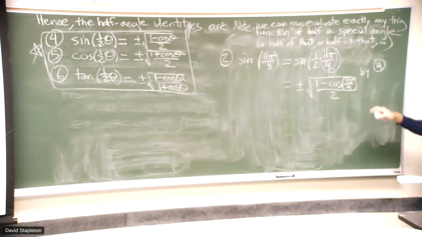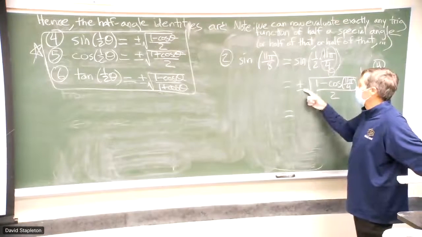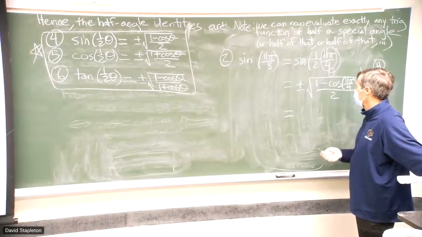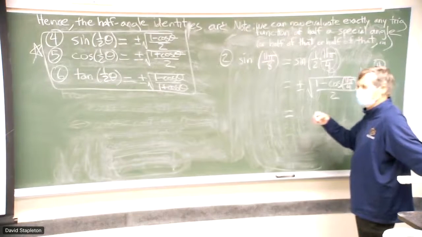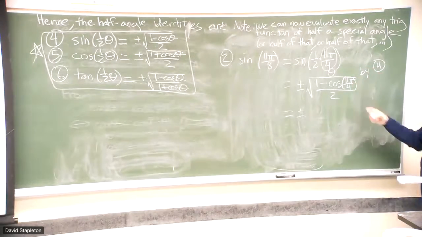So that's the idea. Anytime you have any trig function of half of a special angle, you can do it by a half angle identity. So I expect you to do this on the test. I'm going to give you a problem with a half of a special angle like this on the next test, a week from Thursday. Right? Plus or minus. Now, what's the cosine of 11 pi over 4?